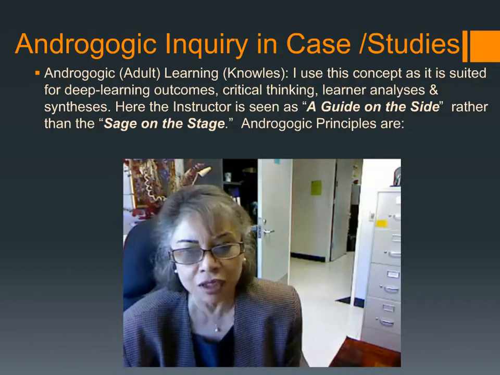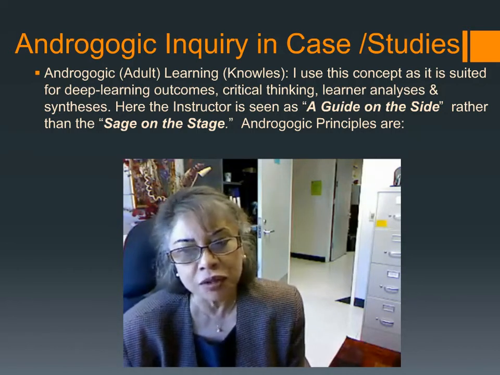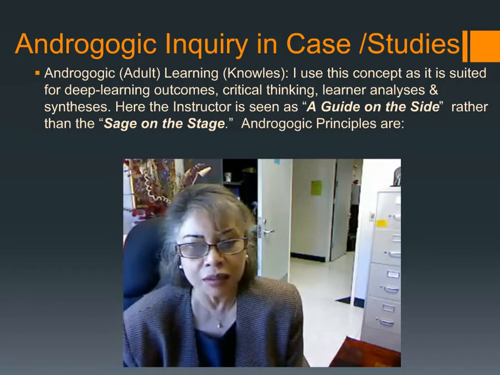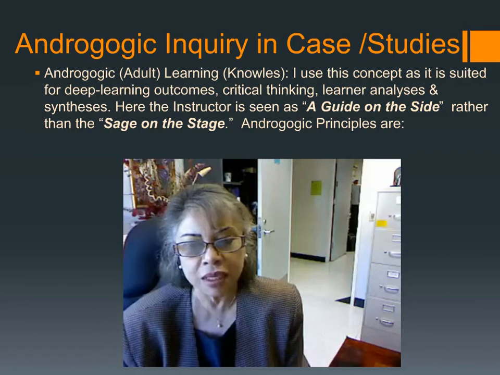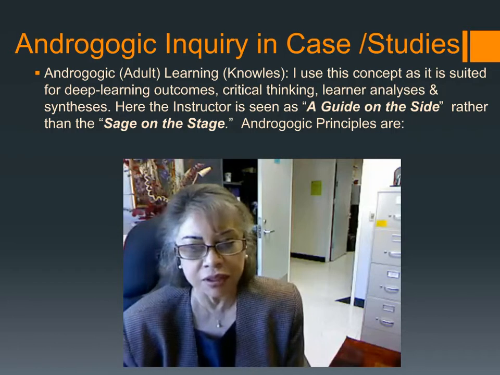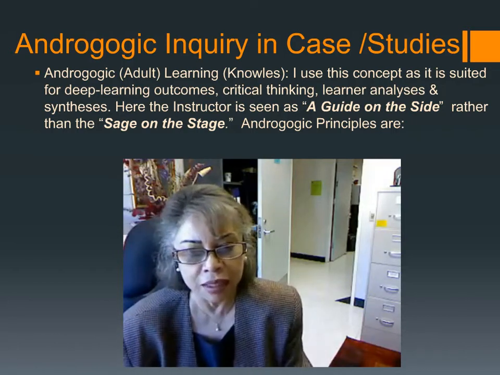In andragogic learning, the instructor is more the guide on the side, where the instructor forms a part of the learning environment, but it's equally important that the students, the text material, and background all play a part in learning outcomes.